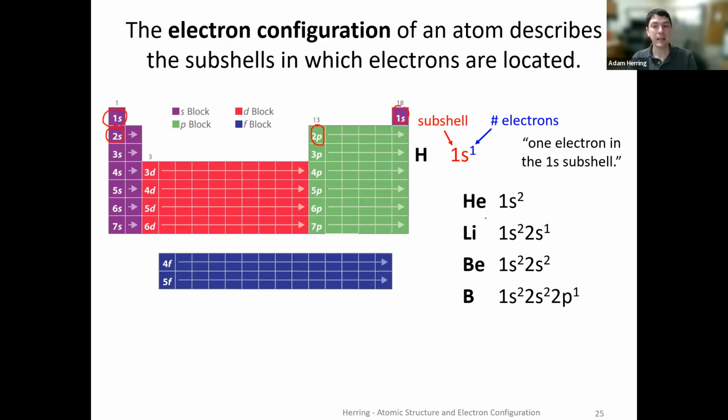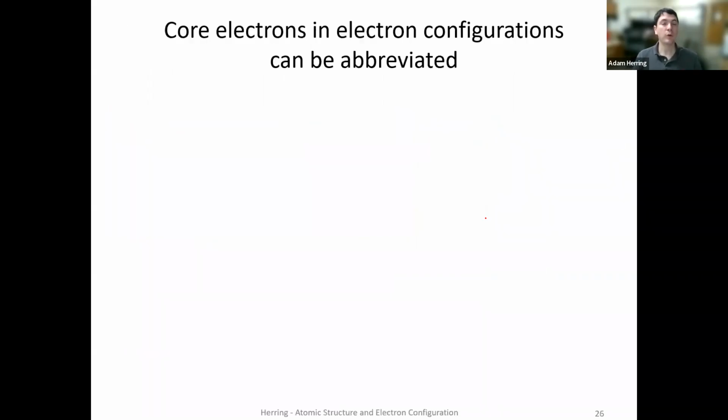Now you can see that as we go farther across the periodic table, these configurations could get very cumbersome. So we're going to use the core electron configurations to abbreviate. Helium, for example, as we saw, is written as 1s2. We could, however, just write this as helium in square brackets.